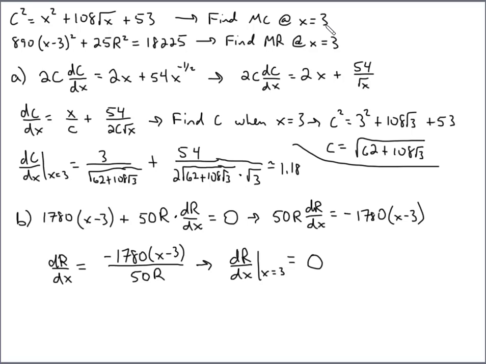If we're selling that many, then the cost to produce the next unit is going to be what we got for this one here, about 1.18, and again, whatever units that would be, dollars, thousands of dollars, whatever. Marginal revenue, same sort of thing. If we sell 3 of them, or 3,000, or whatever the units are, then the revenue from selling the next one would be 0. So the marginal revenue being 0 if we sell that many. Okay?